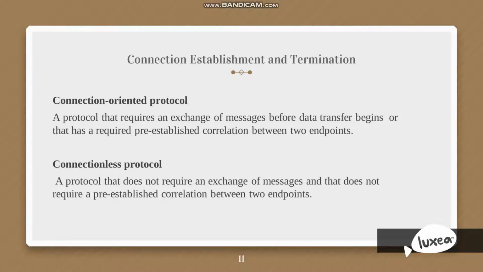There are three steps of a connection-oriented protocol: connection establishment, data transfer, and connection close. Second is connectionless protocol. This doesn't require any exchange of messages and doesn't require a pre-established correlation between endpoints.